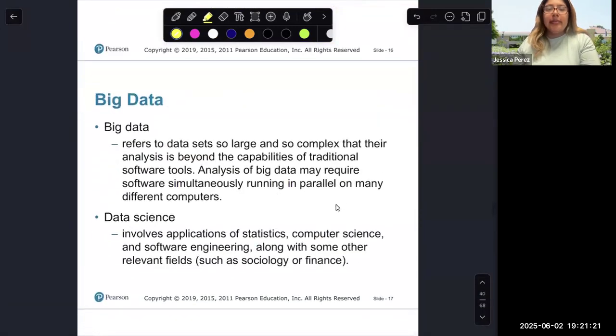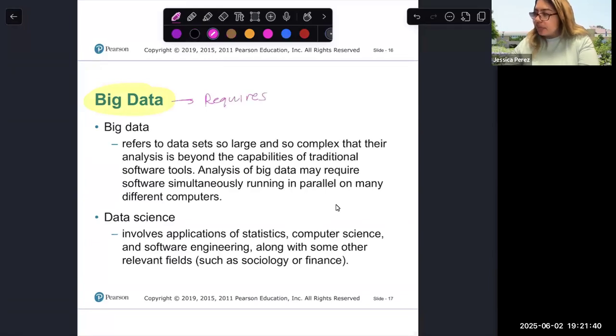Now let's look at big data. What is big data? What does that mean? Well, big data refers to sets so large and so complex that their analysis is beyond the capacity of traditional software tools. So in order for you to perform big data analysis requires significant software.